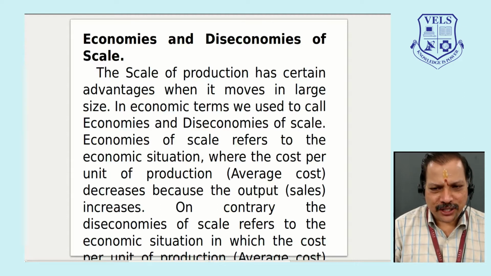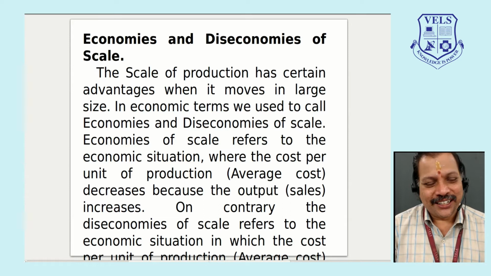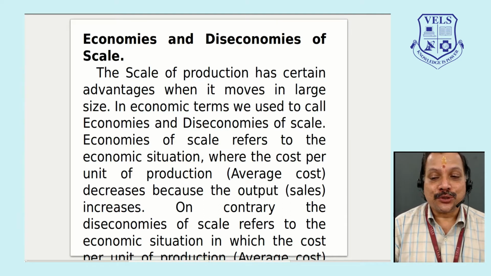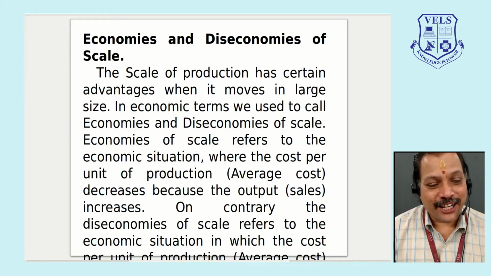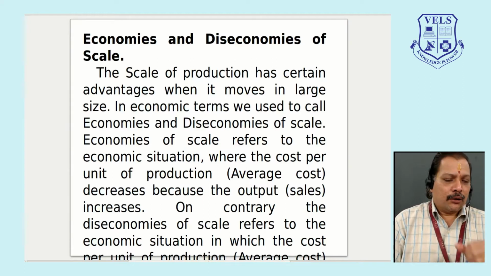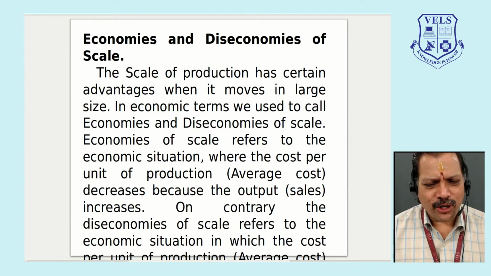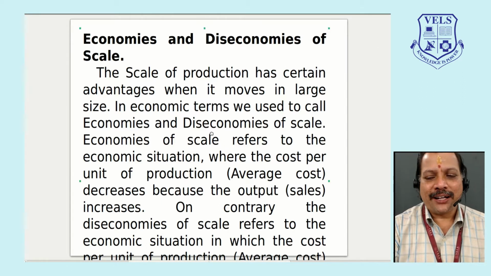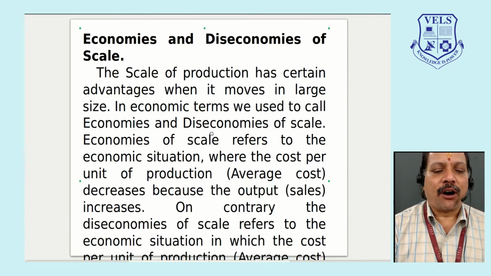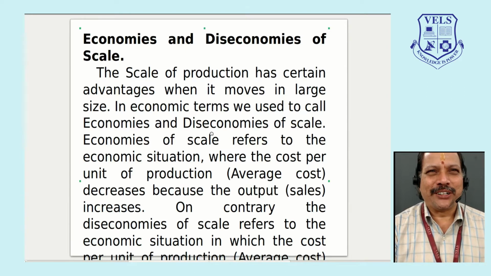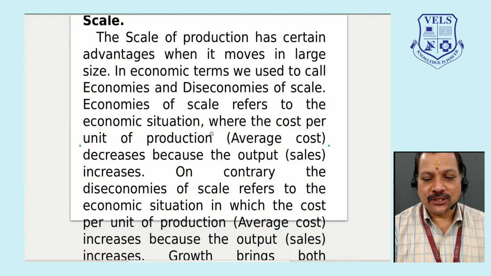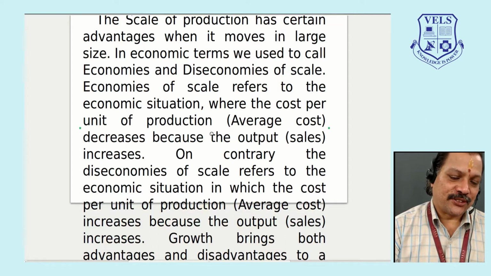The scale of production has certain advantages when it moves to a large size. In economic terms, we call these economies and diseconomies of scale. The economies of scale refers to the economic situation where the cost per unit of production, which we mean as average cost, decreases because the output sales increases.